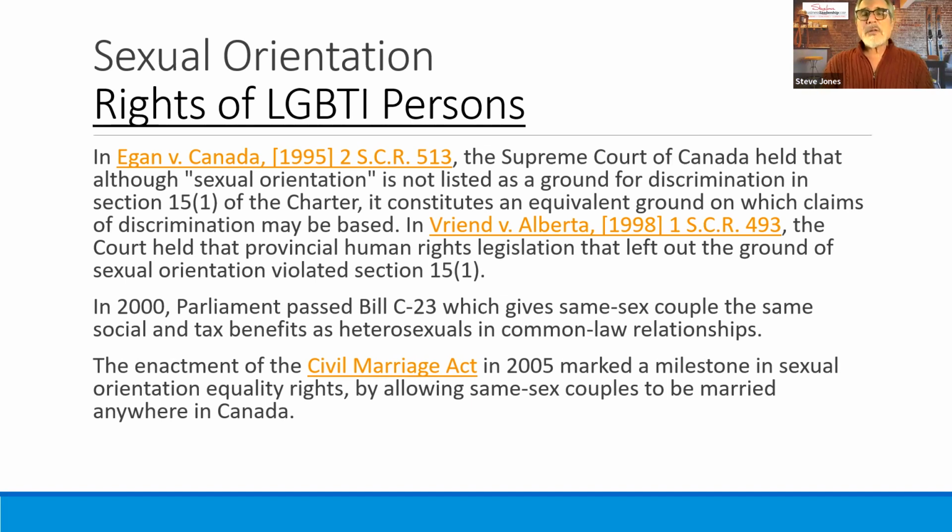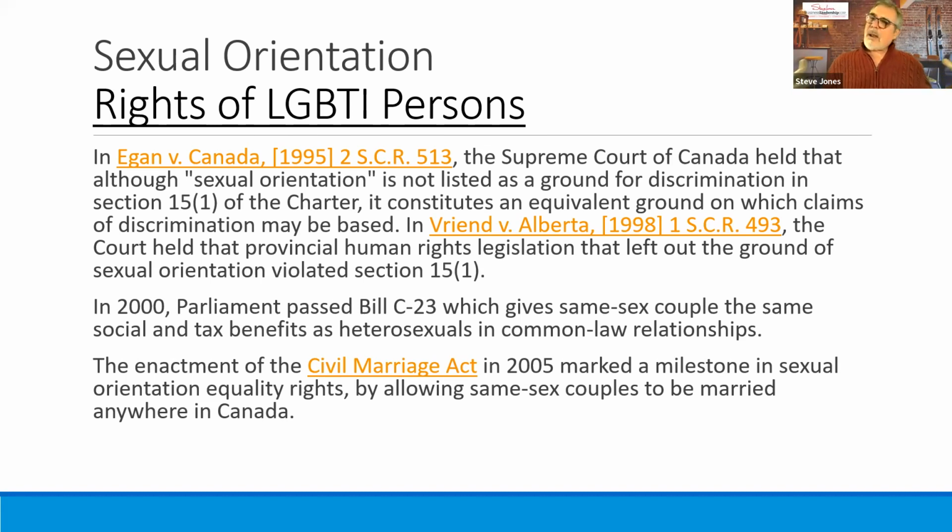And then, in order to make it really clear, in 2000 the federal government in Parliament passed Bill C-23, which gave same-sex couples the same social and tax benefits as heterosexual couples in common law relationships.